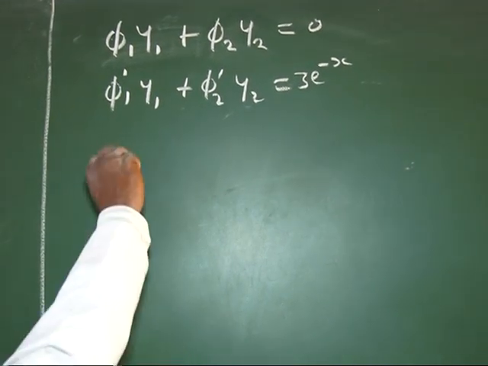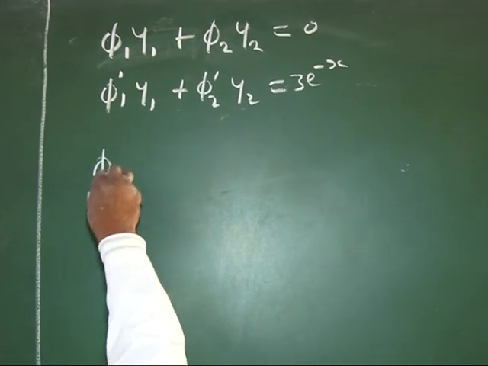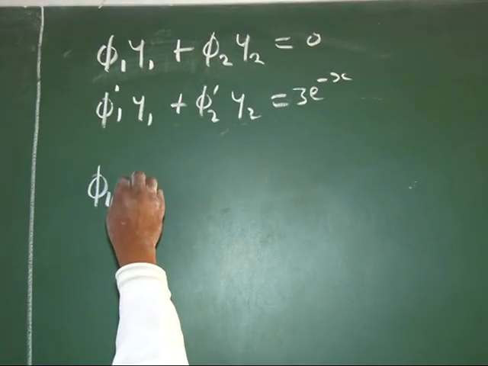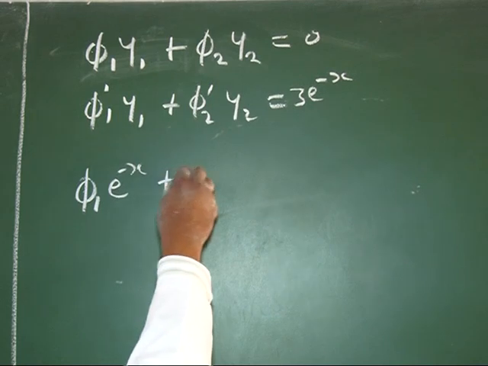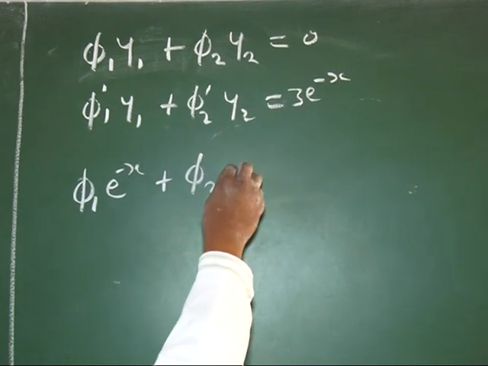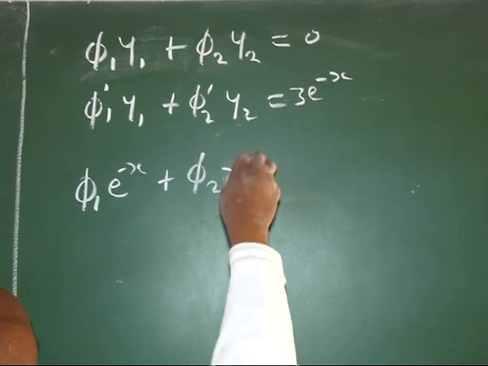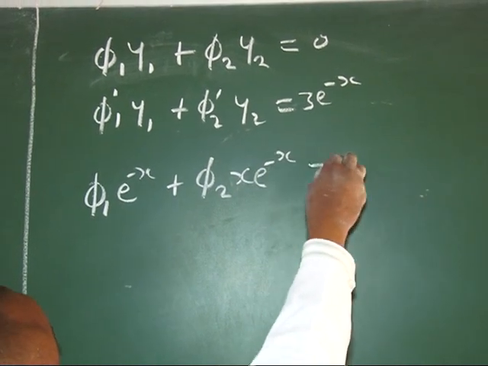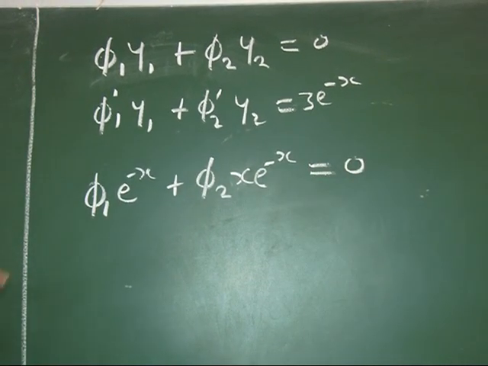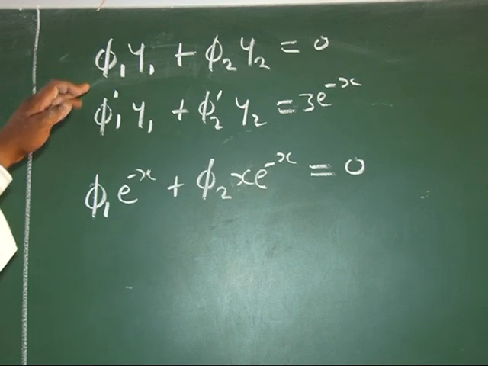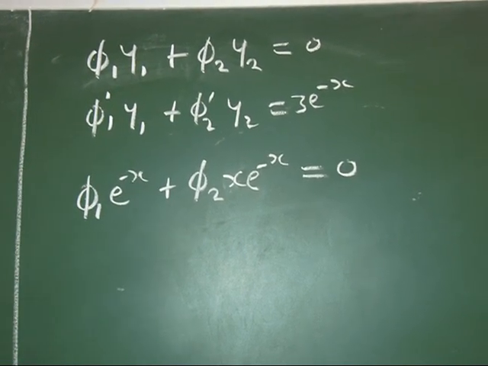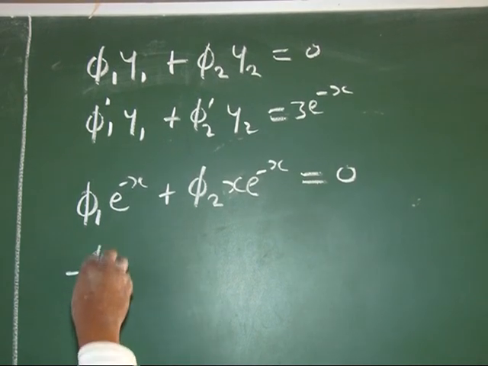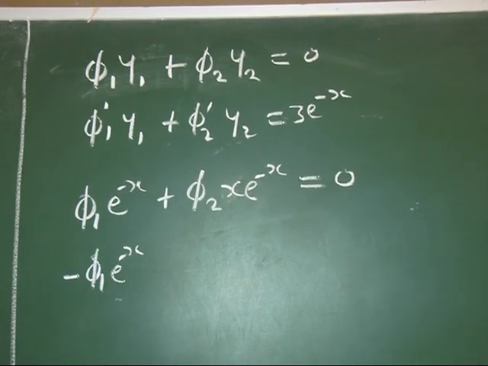Okay, so we have phi 1 y1 here is giving us e^(-x) plus phi 2 x e^(-x) is equal to 0. Then this one is the differentiation of this particular function, and if we differentiate here, we have minus phi 1 e^(-x).